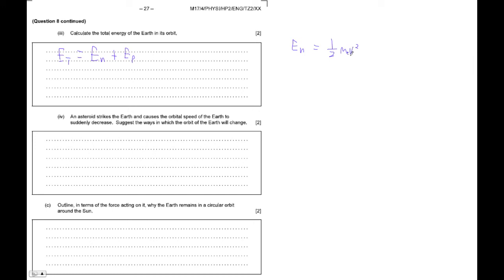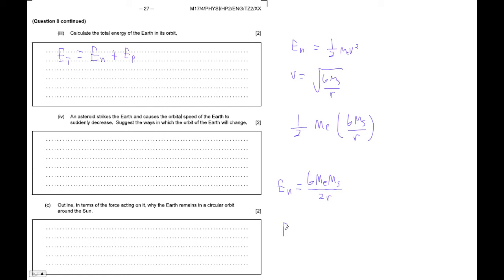So this is the mass of the Earth, and the velocity is the square root of G mass of the sun over r. If we plug that in, we get 1/2 mass of the Earth times G mass of the sun over r. Ultimately, we end up with G mass of the Earth, mass of the sun over 2r as our kinetic energy.